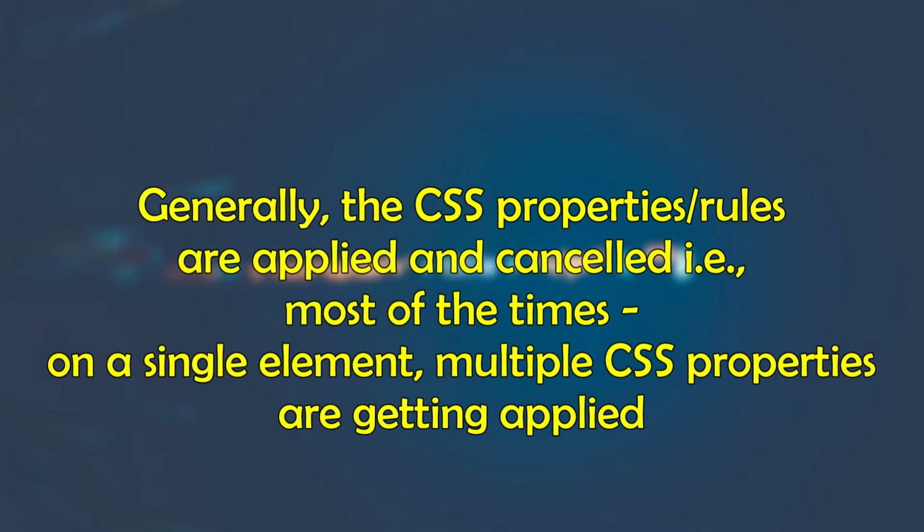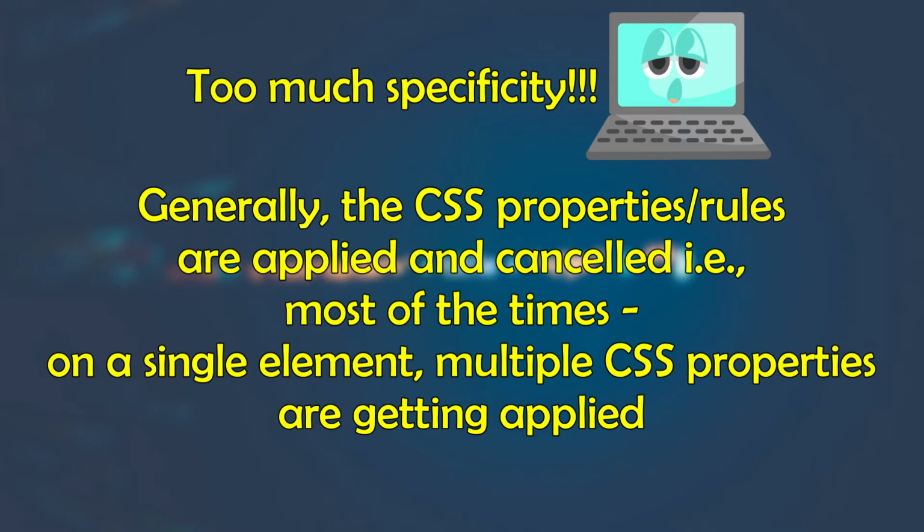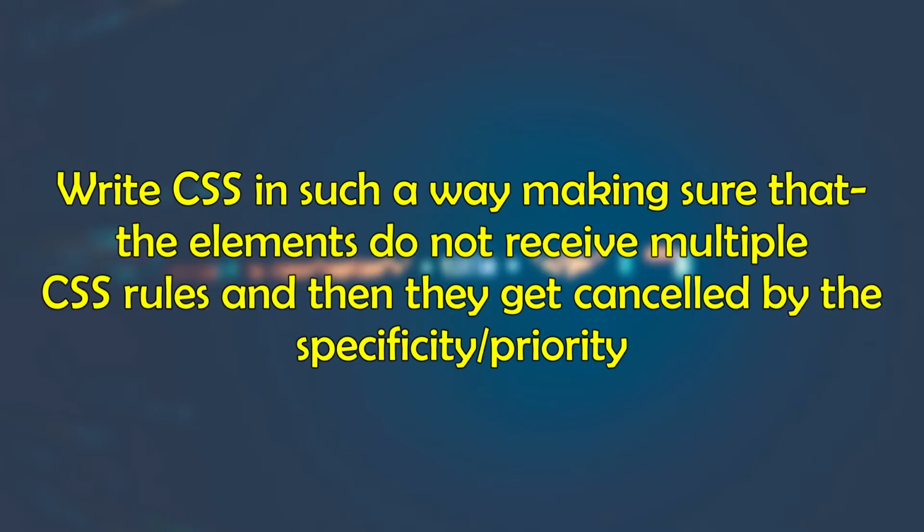When I say specificity, it means that generally the CSS rules are applied and cancelled. That is, most of the time you see that on a single element, multiple CSS properties are getting applied. That's what too much specificity is. So generally you write the CSS where you make sure that the elements do not receive multiple CSS rules that then get cancelled by the specificity, that is the priority.